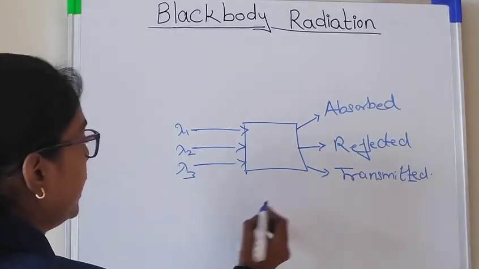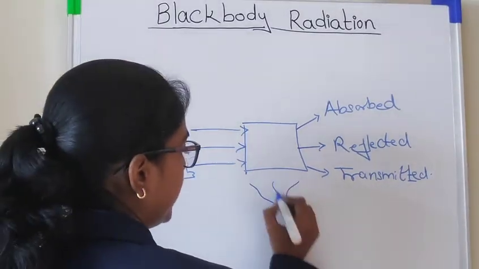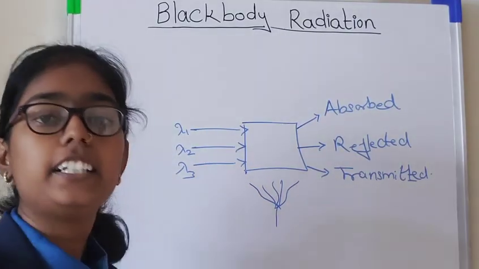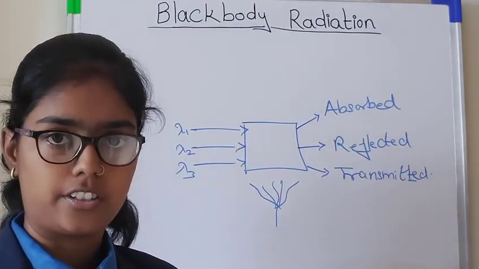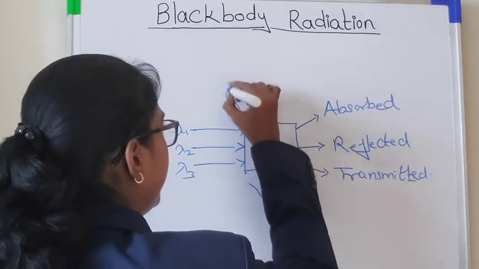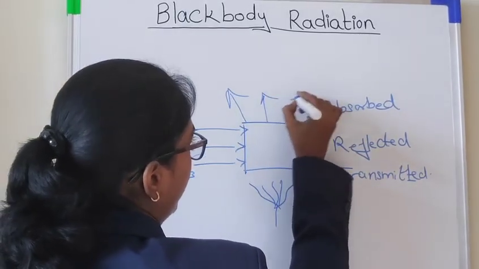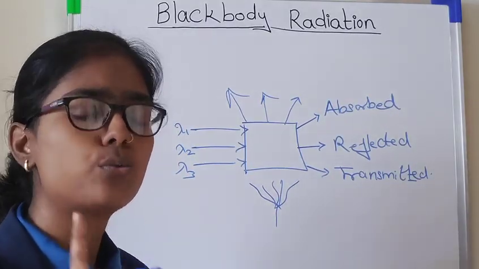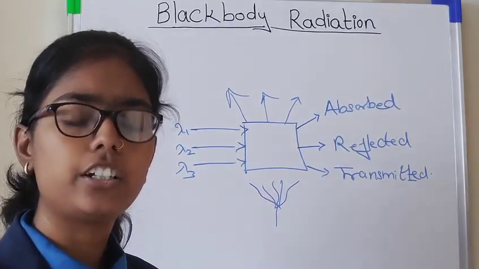When heat is applied to this matter, it emits all types of radiations. All types of radiations means what? When the radiations are emitted, it will not emit just one radiation of one particular wavelength.